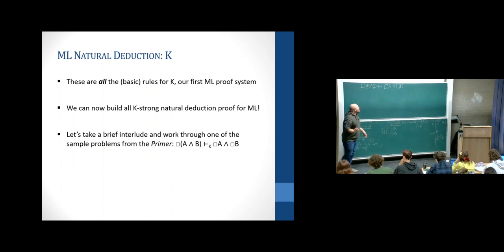Okay, so let's remember the two new rules we have. One rule was, if you have a boxed conditional and you have a boxed antecedent, then you can derive the boxed consequent. Right?